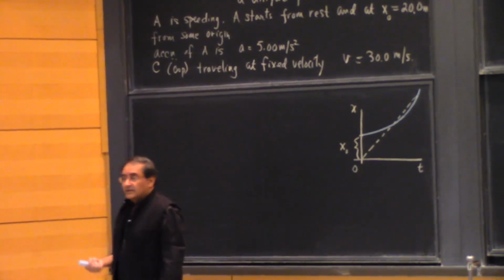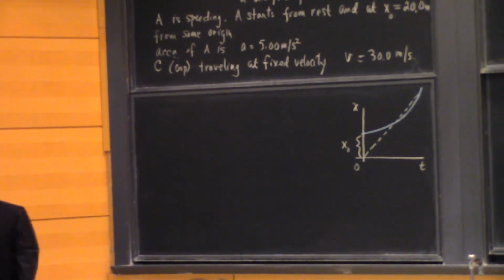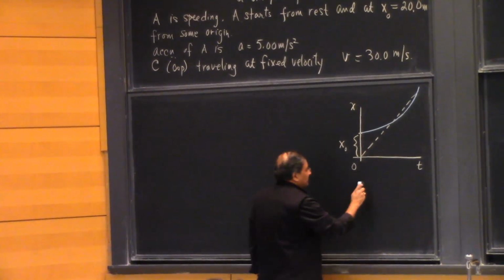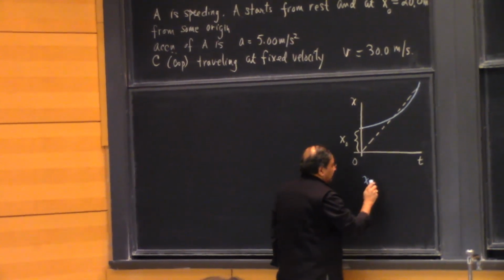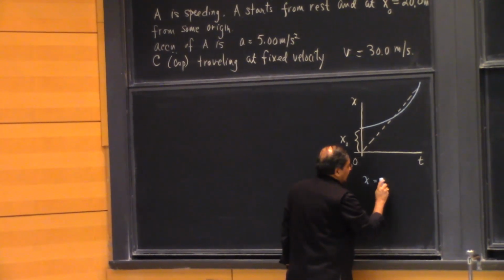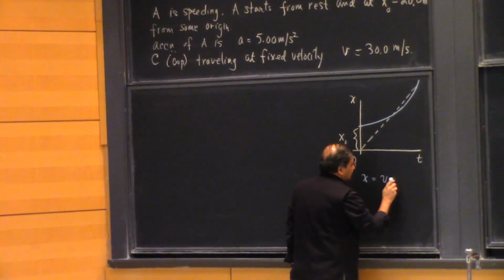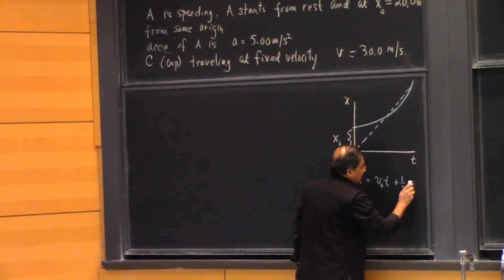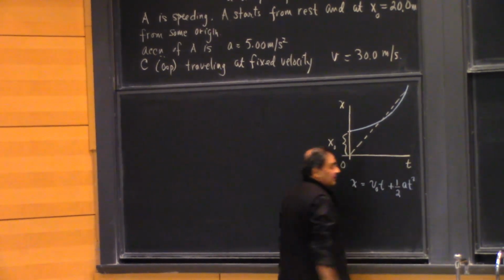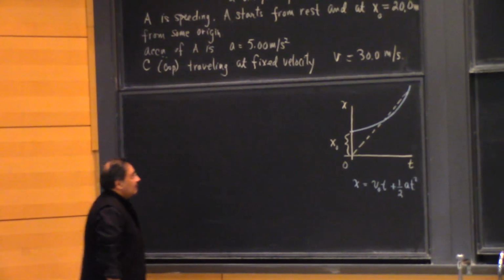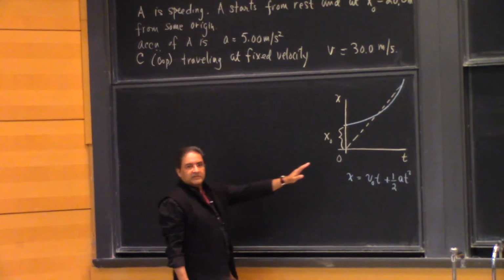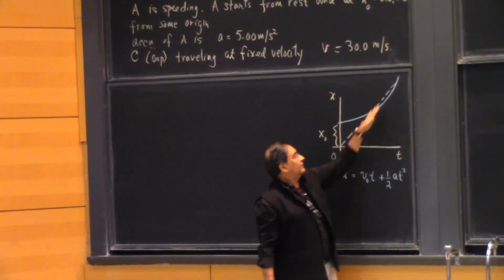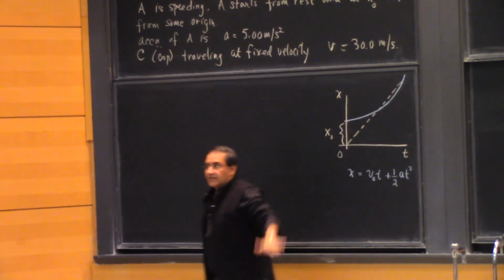Because if A is accelerating, then we know already that distance traveled by A can be written as some initial velocity times time plus 1/2 its acceleration times time squared. So we know that. As far as the cop is concerned, there is no acceleration. So the cop is moving at fixed velocity, and therefore the cop is following this dashed line.